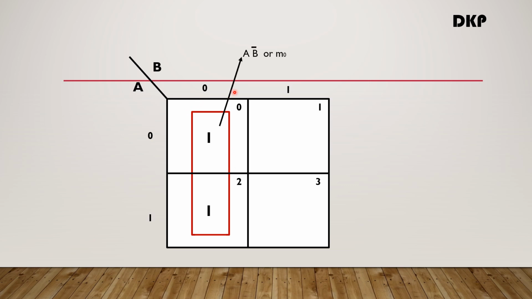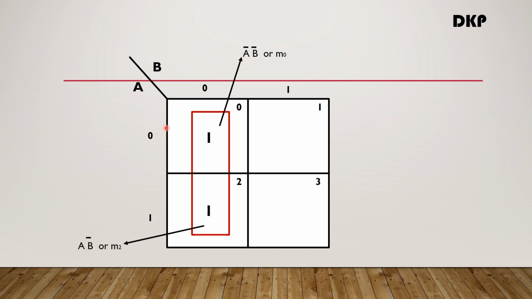This cell is called a bar b bar, or m0, and this cell is a b bar, or m2. Here you can notice that the first variable differs. Here it is a bar, here it is a.